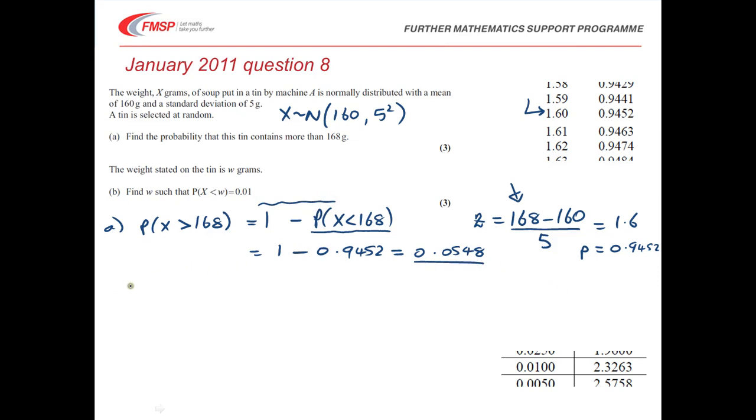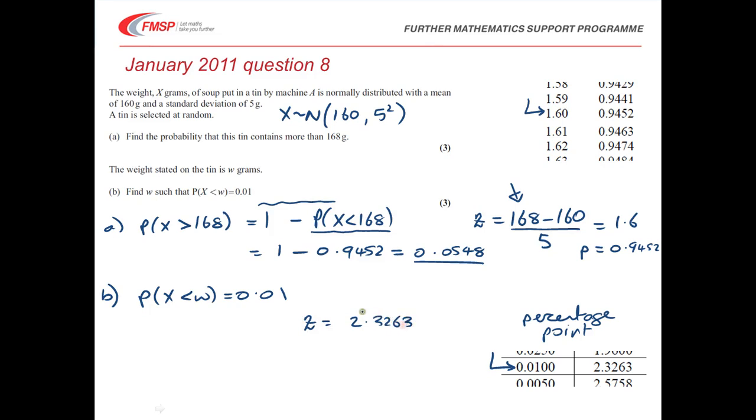So part B, it says find W such that the probability of x being less than W is equal to 0.01. So this is your percentage table again, which is in your formula booklet. And I know that for a probability of 0.01, I need a z value of 2.3263 in size.